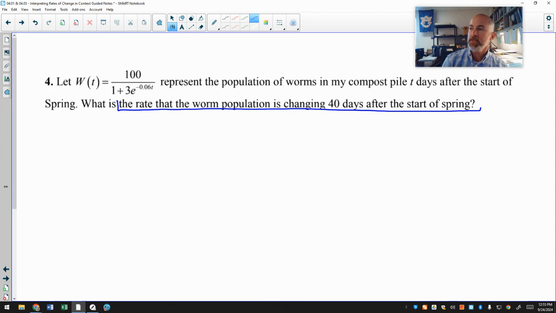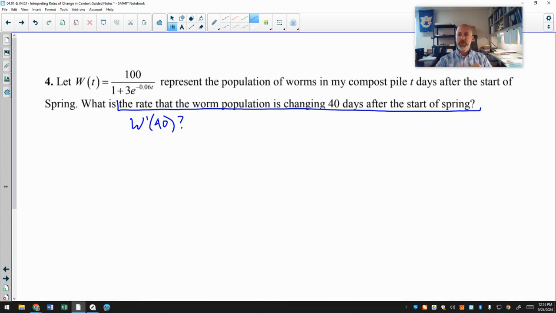If you can translate those words into math symbols, by golly, do it, because it makes it a lot easier to process. W is the population of worms. If I want the rate that the population is changing, that's a reference to W prime. And I want the change at t equals 40. So this is simply asking what is W prime of 40.